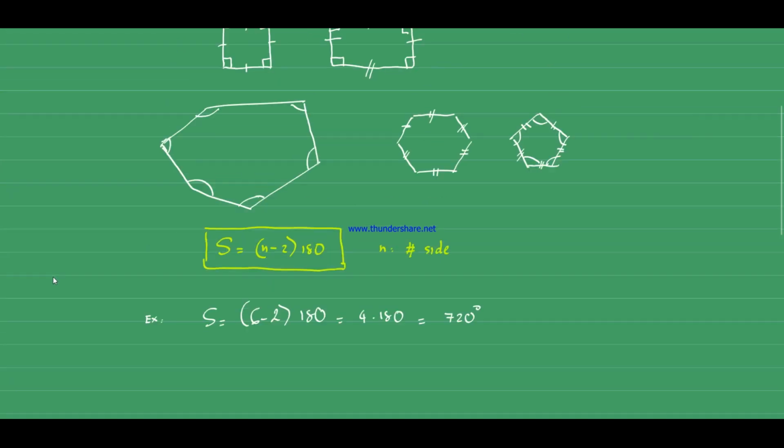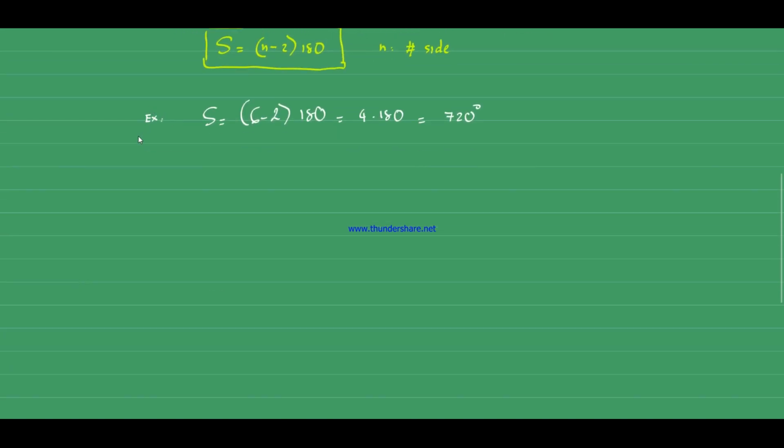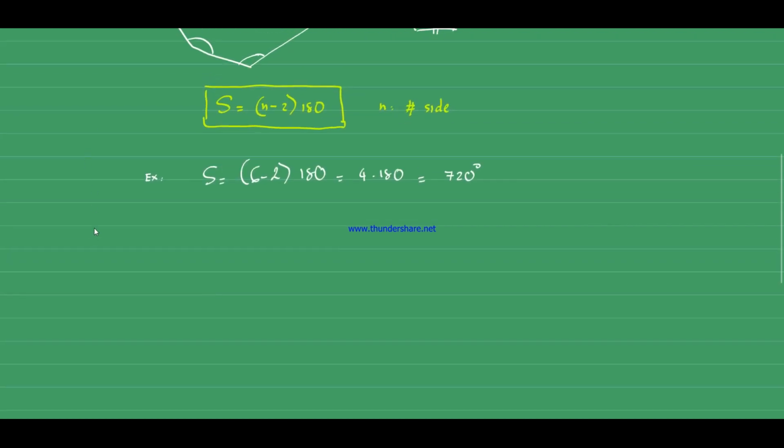In the next part of our video here, I want to talk about a similarity property of polygons. I'm going to put this at the first part right here, but actually it's the second part. So I would like to talk about the similarity property.